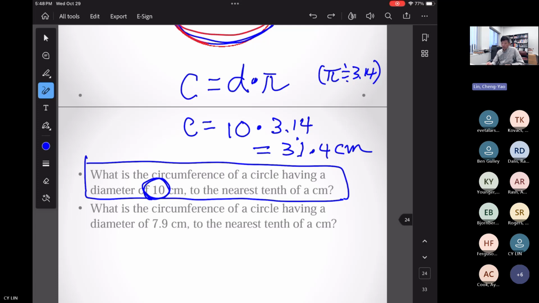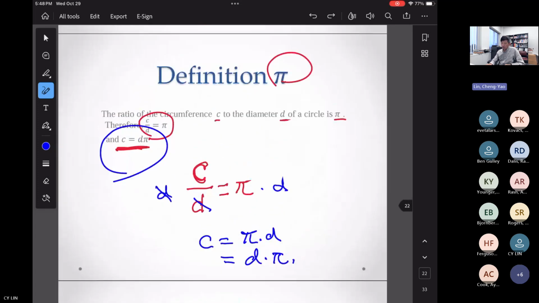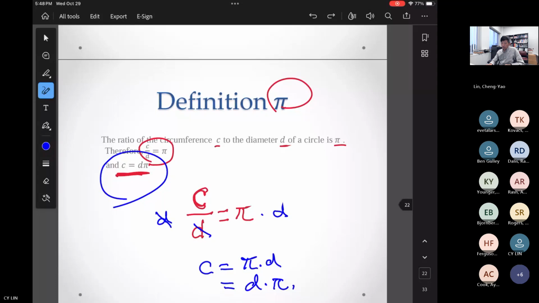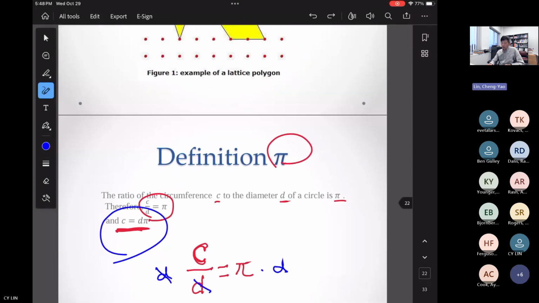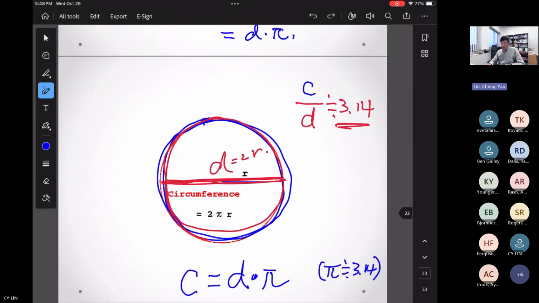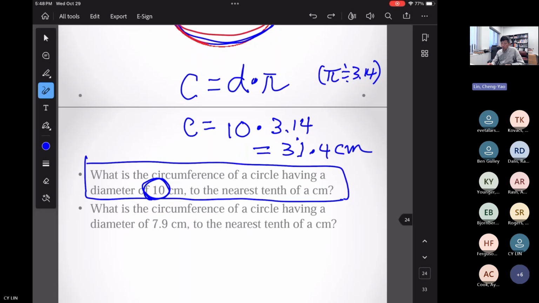Because right now, to our best knowledge, we still cannot find the last digit of 3.14. Even though we have computers, the last digit is still unknown. It's a mystery. That's why it is still classed as an irrational number.